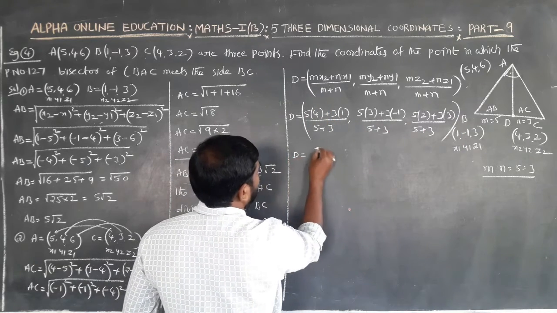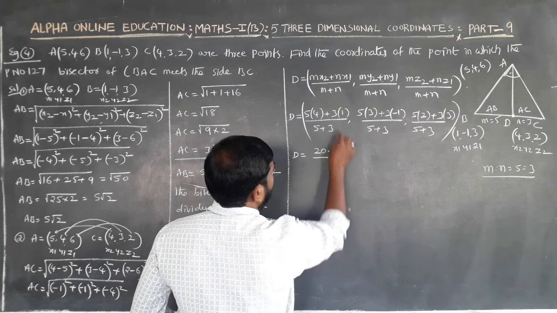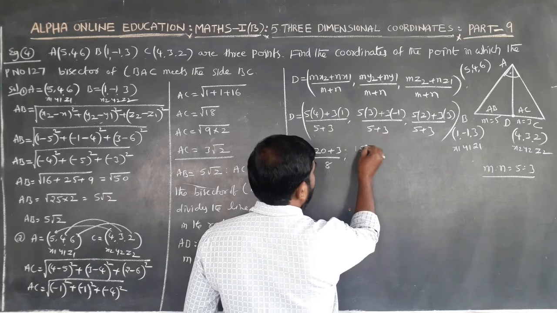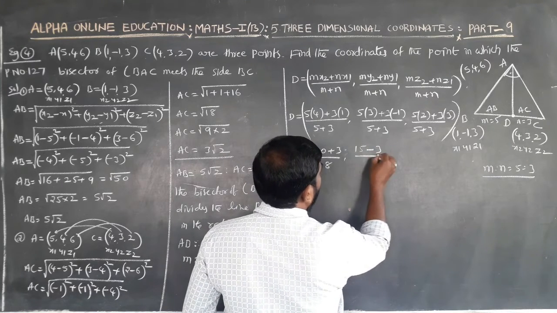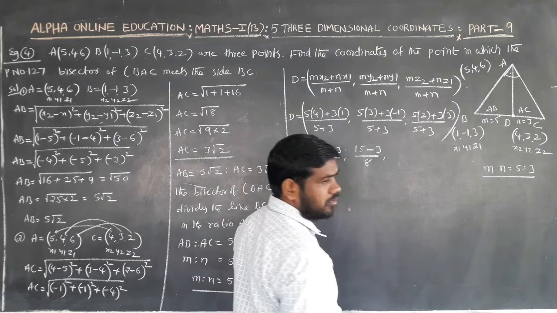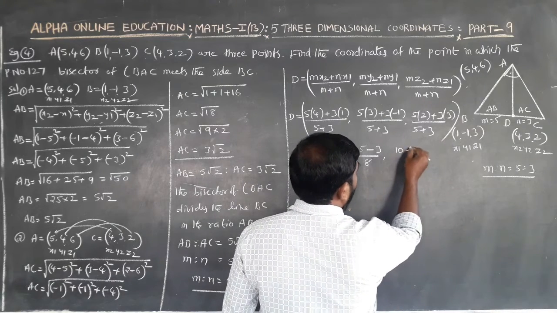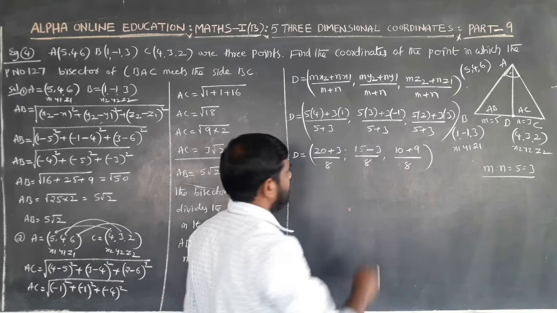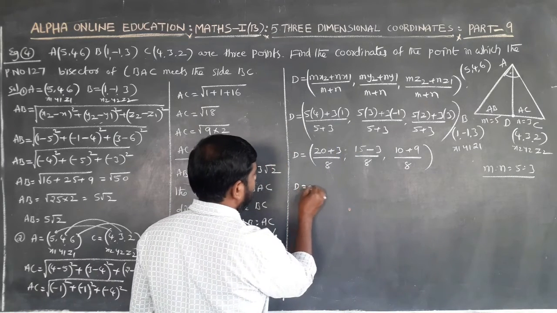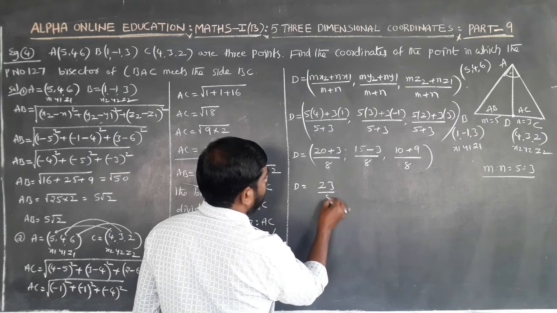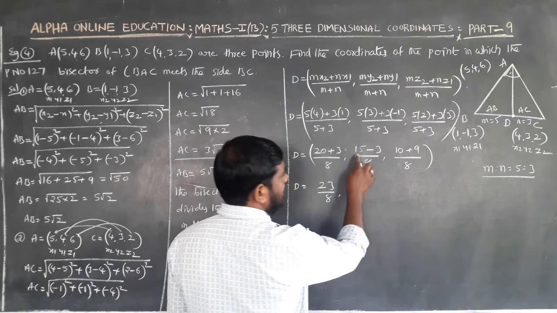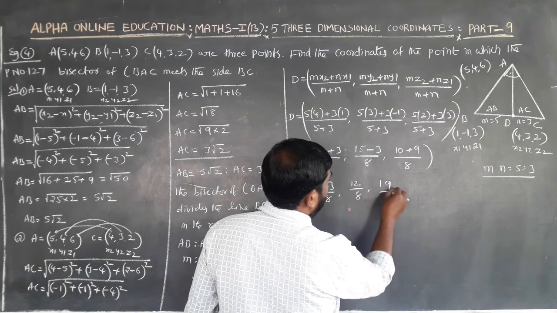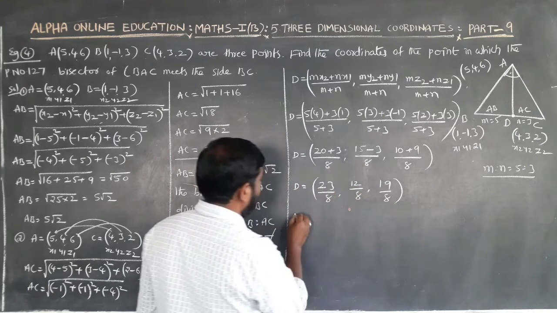D is equal to (5 4s are 20, 3 1s are 3) by (5 plus 3, 8); (5 3s are 15 minus 3 1s are 3) by 8; (5 2s are 10, 3 3s are 9) by 8. D is equal to (20 plus 3, 23) by 8, (15 minus 3, 12) by 8, (10 plus 9, 19) by 8.